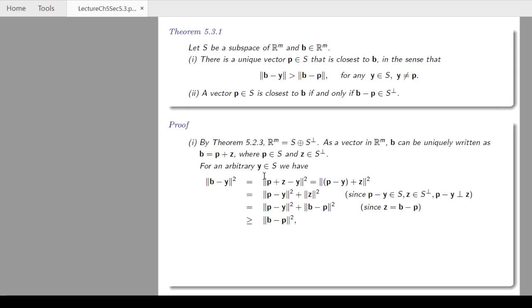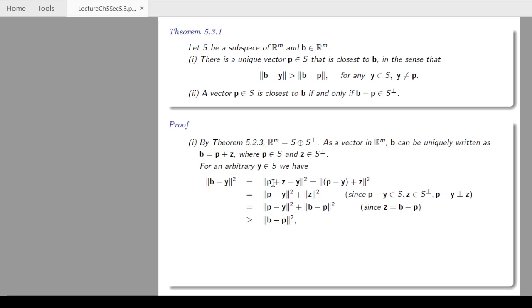Now, for arbitrary Y belonging to the subspace S, we calculate the square of the distance between B and Y. For this, we substitute B by this representation, B equals P plus Z. So we got this form. Then we regroup these three terms.